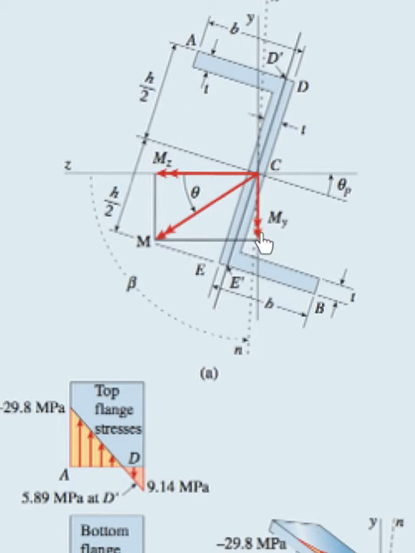Now let's look at my. This component of the bending moment, let's now evaluate whether it's going to cause compressive stress here or tensile stress. You again imagine that you're using your right hand and your thumb is facing the direction of these arrows. You will notice that your four fingers are going into the page on this side of the y-axis.